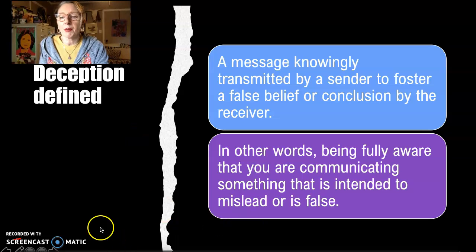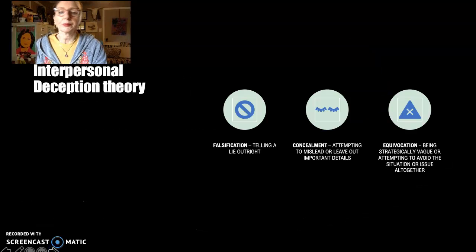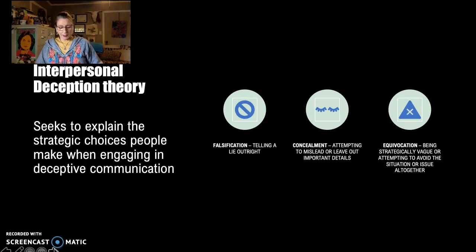All right, so we talked about how we define deception. Now we're going to look at interpersonal deception theory. Interpersonal deception theory seeks to explain the strategic choices people make when engaging in deceptive communication.